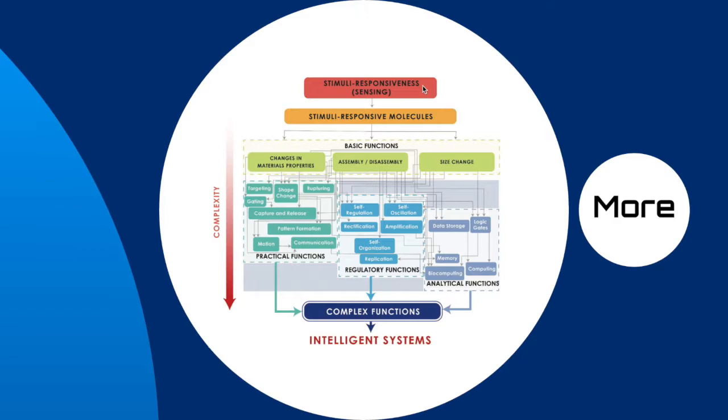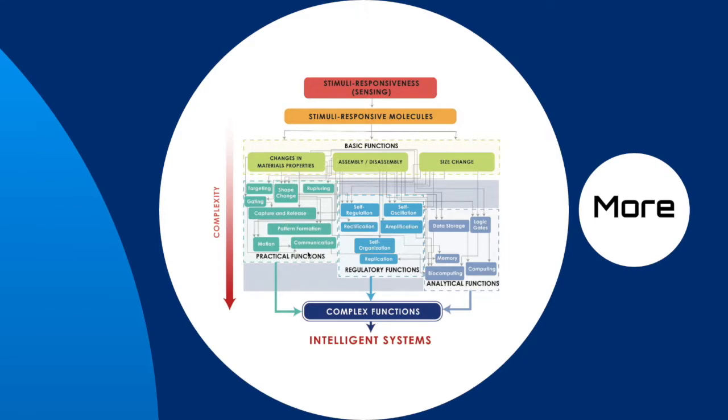In detail, what we discussed from the beginning of the class: we have the stimuli, right? Any environmental stimuli like heat, chemical, light, pH, magnet, electric field. And we have the materials, or in biological terms, the molecules that can respond to stimuli, and they have basic functions.